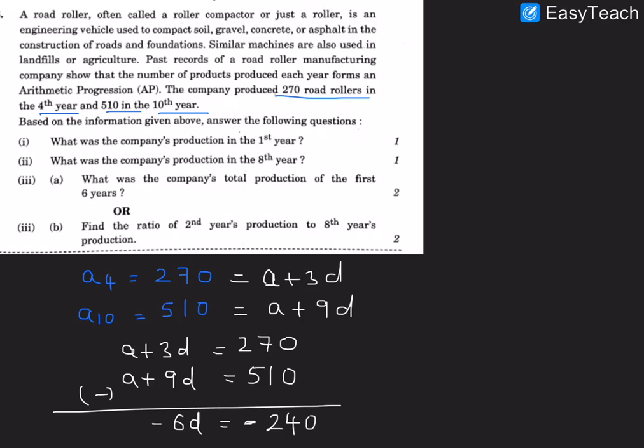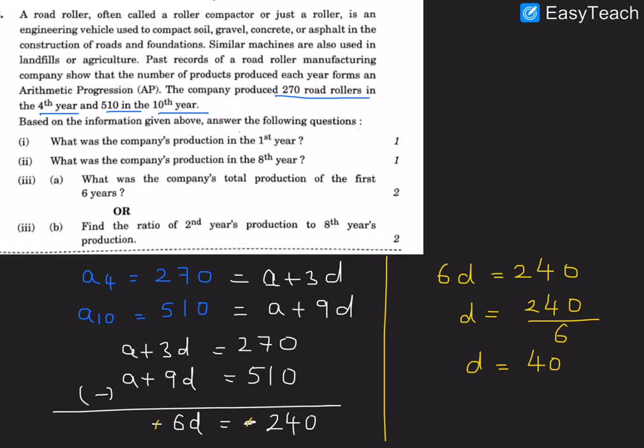So minus and minus sign will cancel out and you will get 6D is equal to 240. So D comes out to be 240 by 6. So D is 40. So you know the difference is 40, and we know A plus 3D is equal to 270.